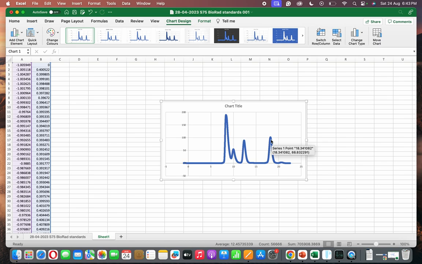Okay, so I cannot consider this point at all in my standard analysis. Why? Because all of these proteins have been excluded by the column. So this is not an accurate representation of the size of the protein. So if I want to make a standard curve for this column, I should only use these 3.